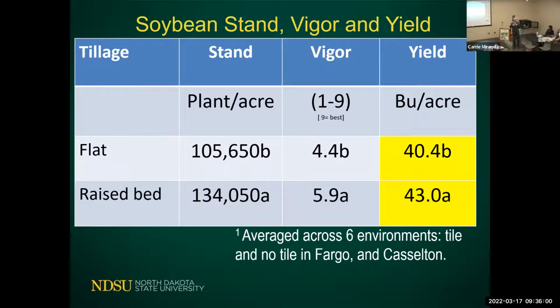So if you look at it in this study, several environments, we saw about a 6% increase in using the raised beds. Now, raised beds will also mean you have to have a different piece of equipment. We based this research on this type of equipment because it is available in the Mississippi Delta, and they have been using this equipment in that region. So that was kind of the background of it.